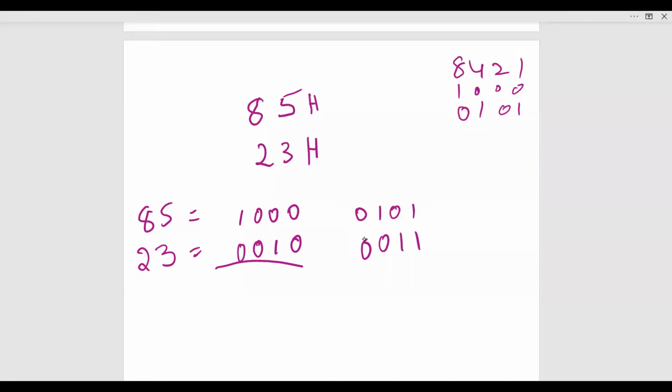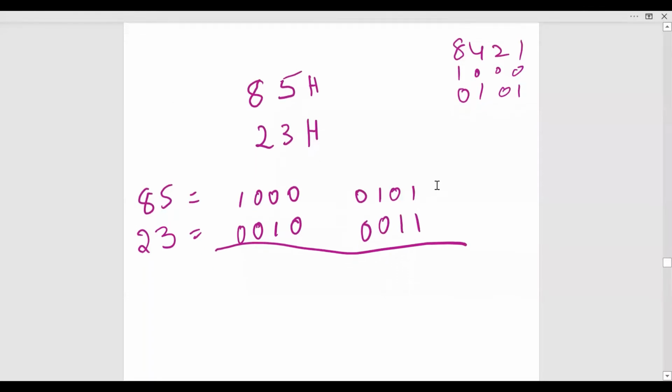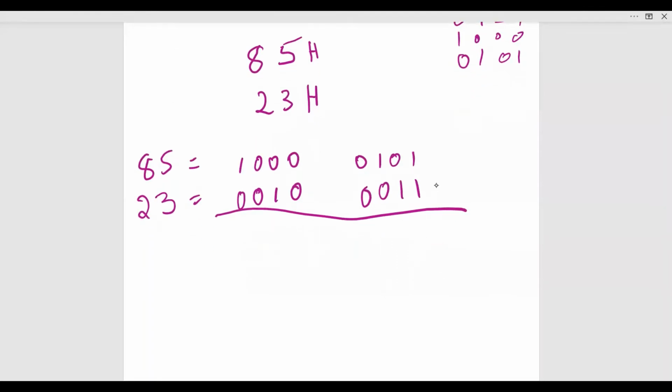Now perform the binary subtraction. 1 minus 1 is 0. 0 minus 1, so we'll borrow 1 from here. So 10 minus 1 is 1, so it becomes 0 and 0. Again, we borrow 1 from here, so here it becomes 1, 1, 0.